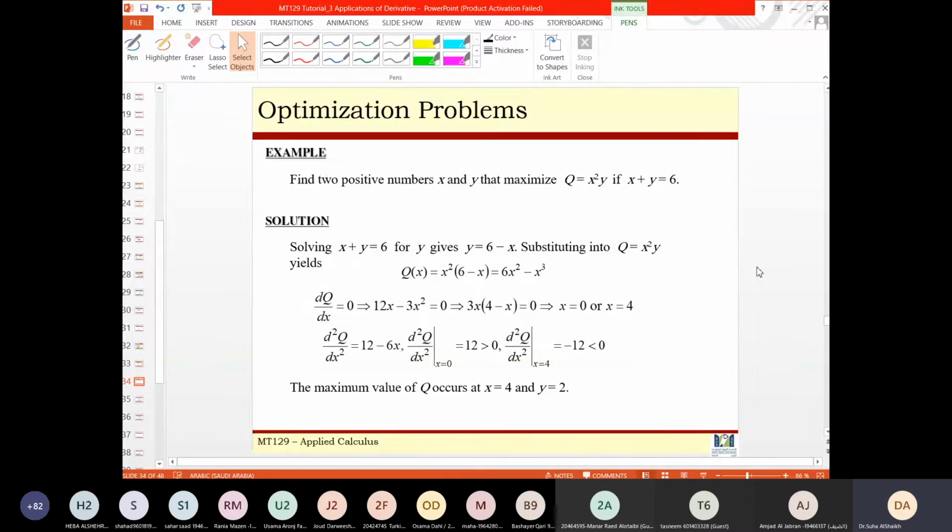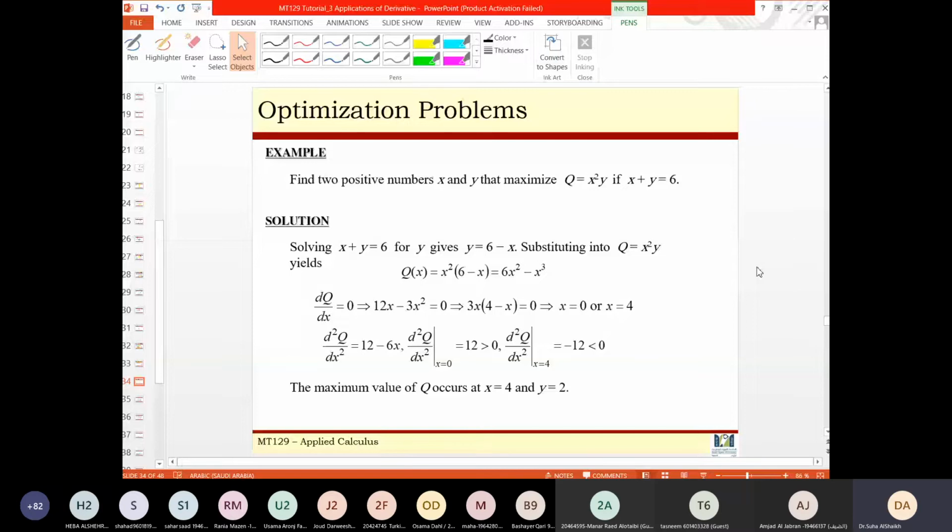So the next thing is again one important application of this derivative thing, اللي هو optimization problem. What does optimization mean? Optimization يعني how to know a result of a problem that I have.